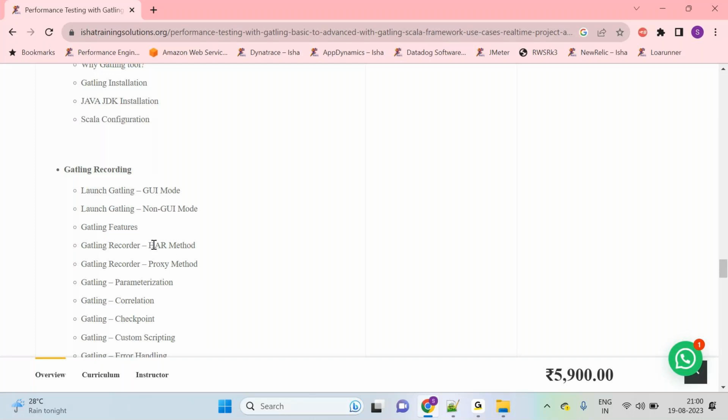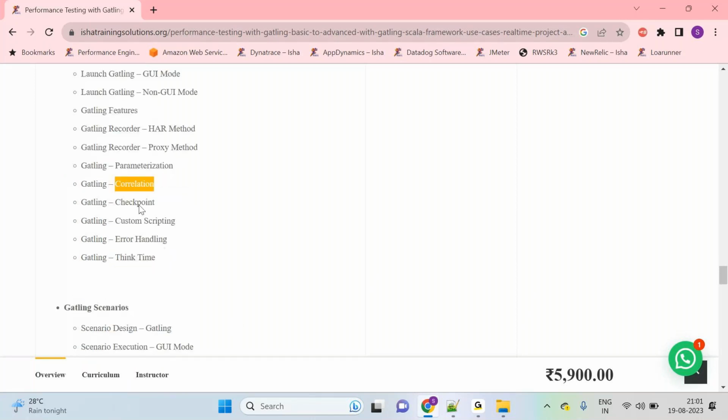How are we going to do our script preparation using the HAR file option, and how are we going to use the proxy method capability that is available in Gatling? Both things we are going to discuss, and also parameterization, how we are going to change the data, and also correlation.